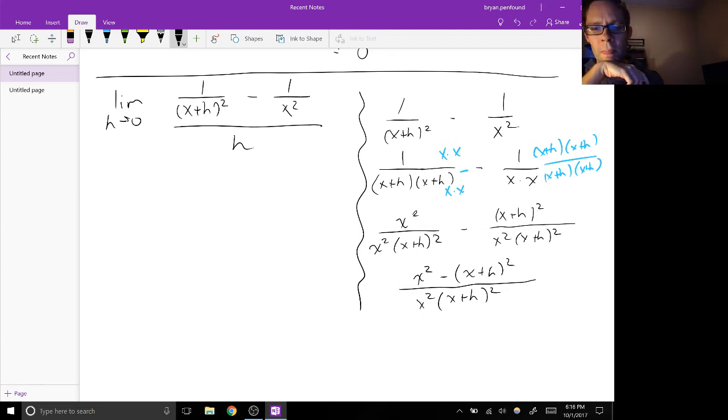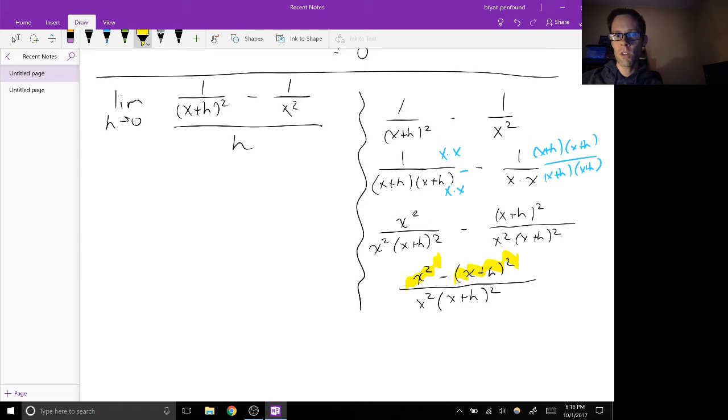It may not be terribly obvious where to go next, but this comes with a little bit of expertise. This x plus h squared that we have in the numerator, if I were to expand this out, I'm going to get a subtraction of x squared. That'll get rid of this x squared, and the rest of the remaining terms are going to have an h in them.